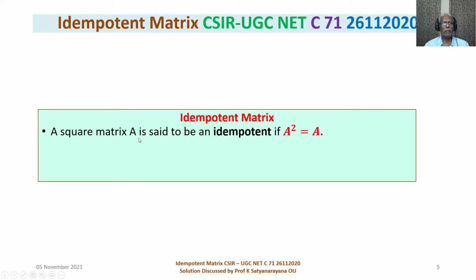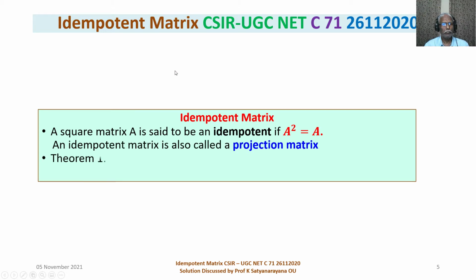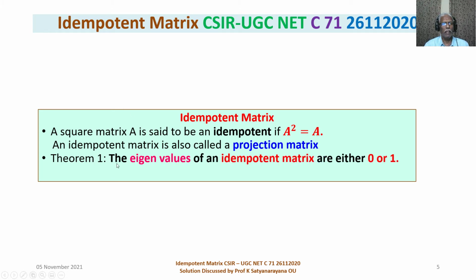A square matrix A is said to be an idempotent matrix if A square is equal to A, and it is also called a projection matrix. We have the first result: the eigenvalues of an idempotent matrix are either 0 or 1. The second result is every idempotent matrix is diagonalizable.